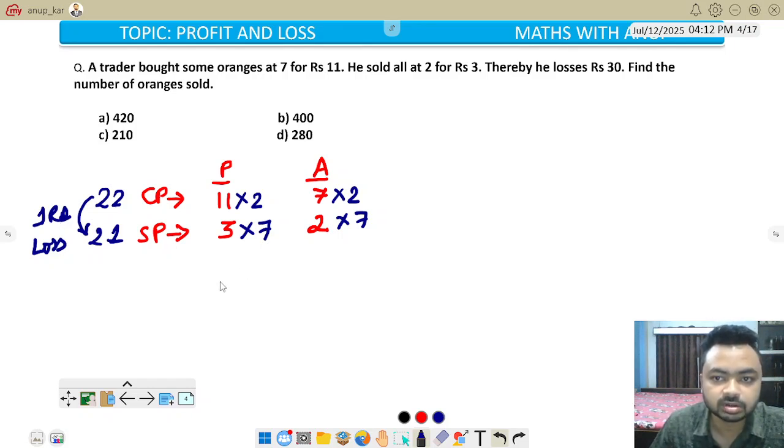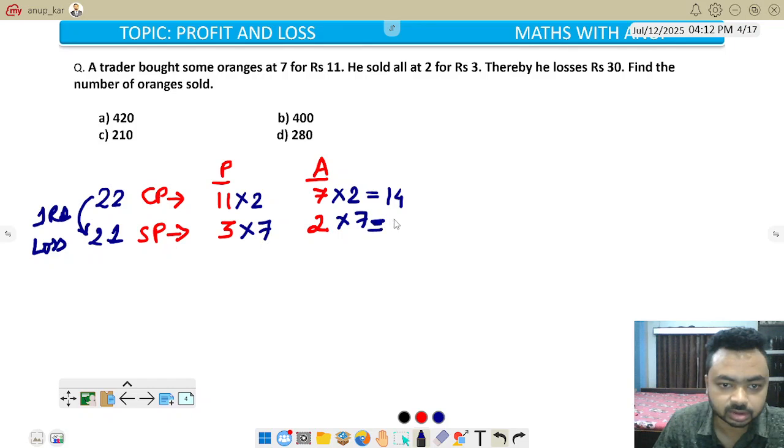In the question it is given that he loses rupees 30. Now what is the number of articles? Here also it is equal to 14, the number of articles is the same, that is 14.